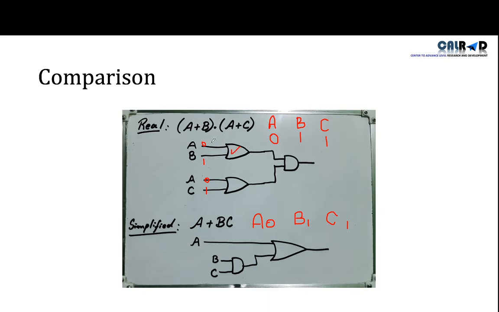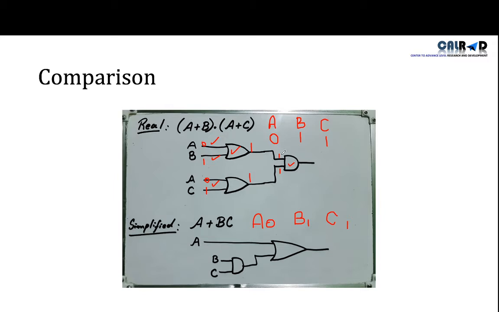In the OR gate, if we see the truth table, the output of 0 and 1 is 1. And what is the output of 0 and 1 here? It will also be 1. Now we have 1 here and 1 here, and we have the AND gate here. So now we will check the truth table for the AND gate.